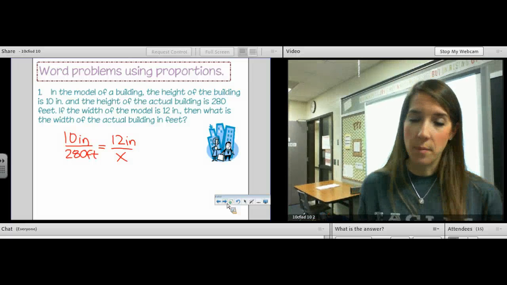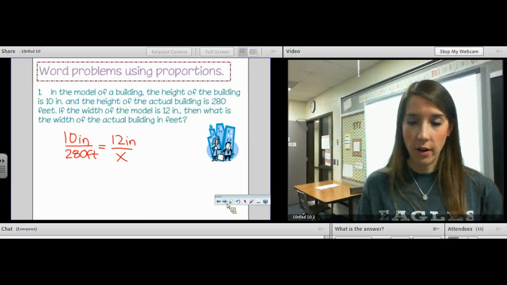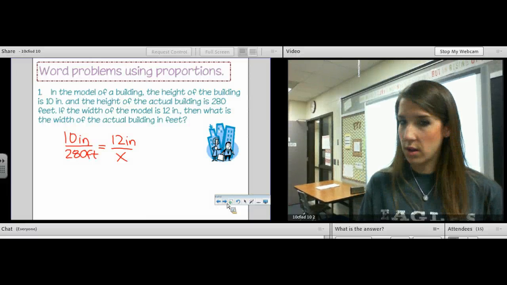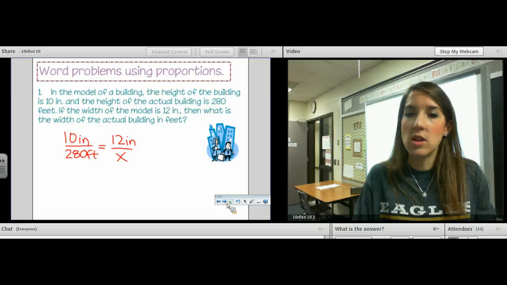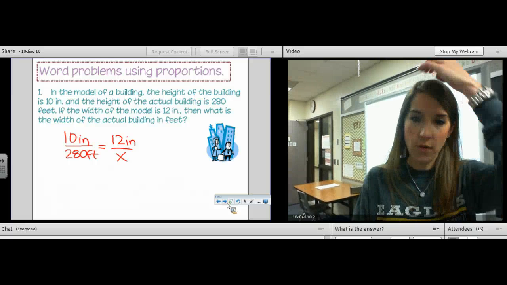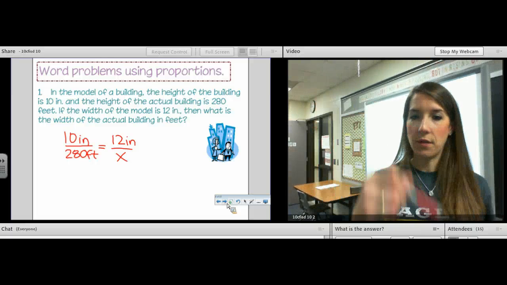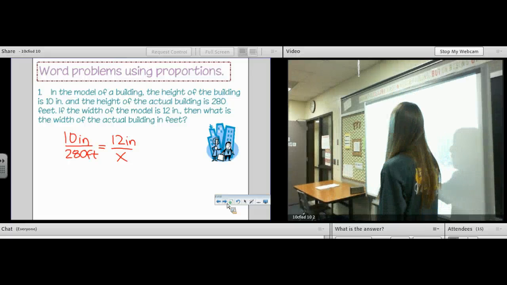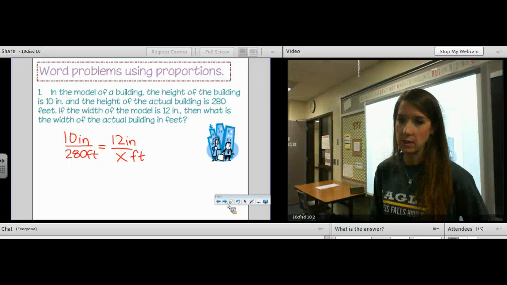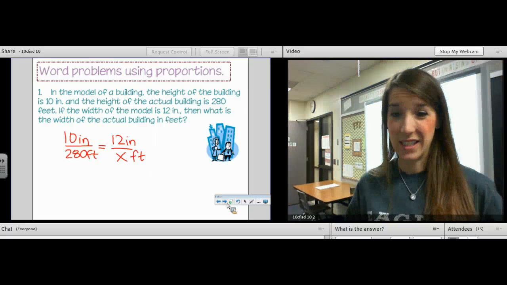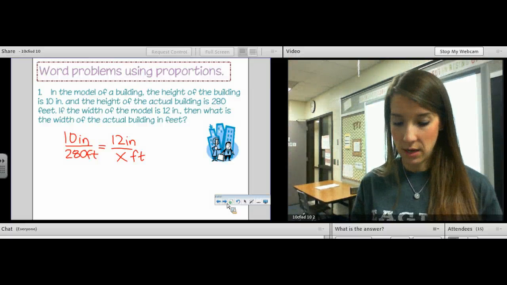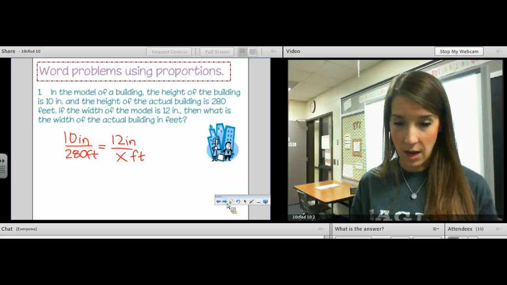So there is no converting necessary. You don't even have to know how many inches are in a foot for this problem, because inches over feet equals inches over, your answer is going to be in feet. So really we're just doing 280 times 12 divided by 10.